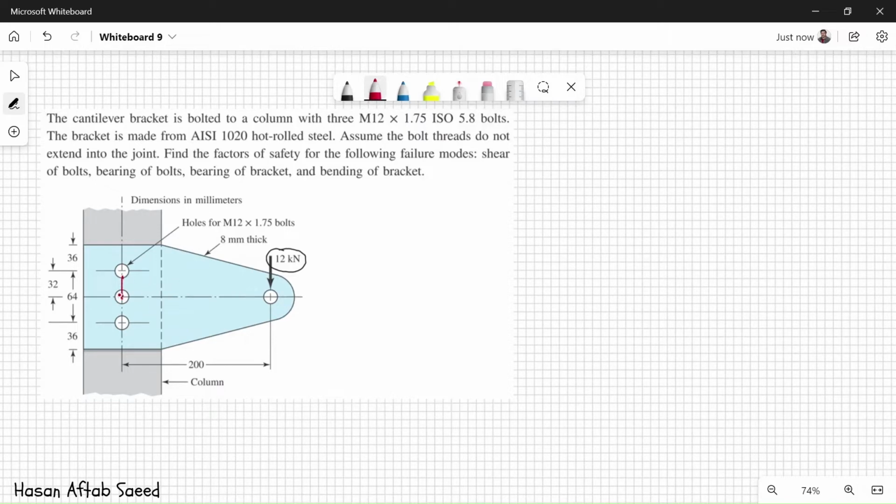Now if this is shifted here, this shifting also entails a moment couple M. This is basic statics, and the value of M will be simply 12 kilonewtons multiplied by this moment arm 200, and so the value of M turns out to be 2400 kilonewton millimeters.